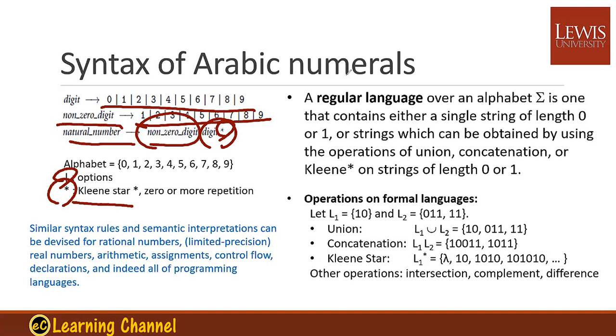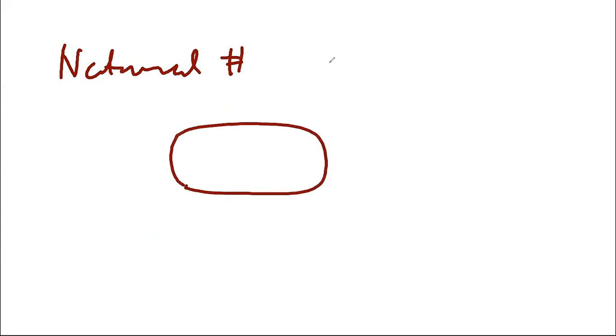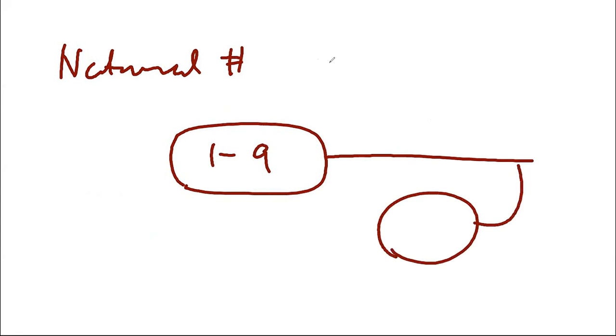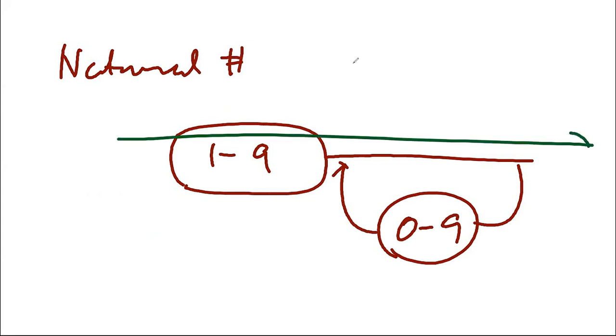So we can write something like this. Basically, your natural number is defined as 1 to 9 followed by 0 to 9, any number of it. So say you may have a single digit, so you go all the way to here, right? Get out. This one is 0 to 9 star.